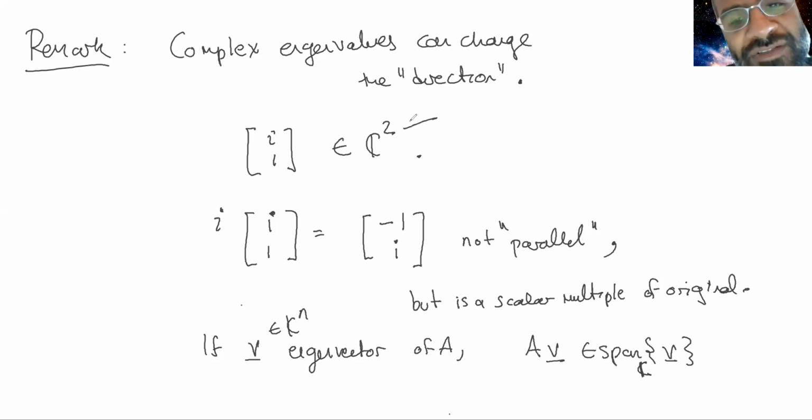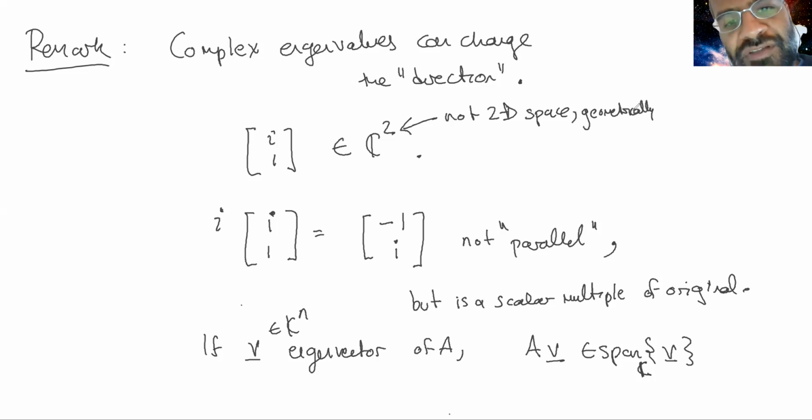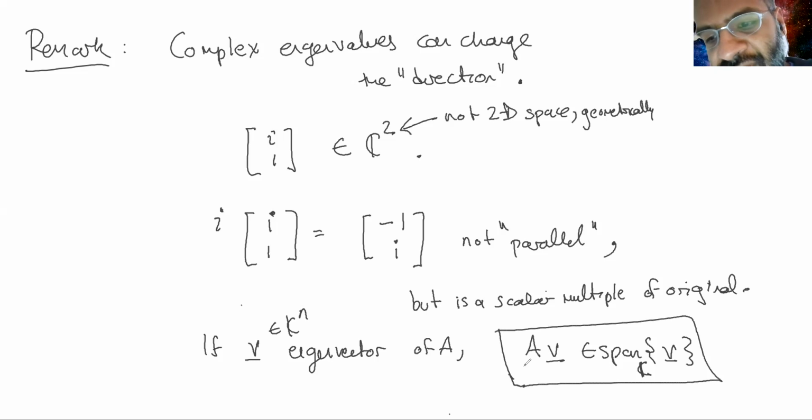C2 is really not a two-dimensional space, geometrically speaking, because there are 4 real numbers. You cannot visualize it as a two-dimensional space because there are 4 degrees of freedom. So this fact is still true, that an eigenvector remains in the span of itself. Does that make sense? Yeah, thank you.